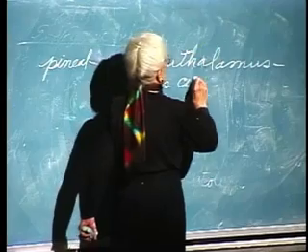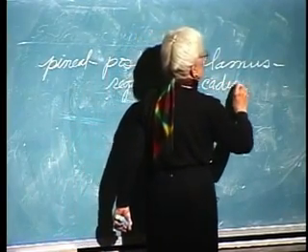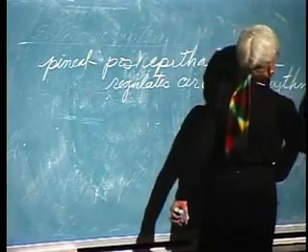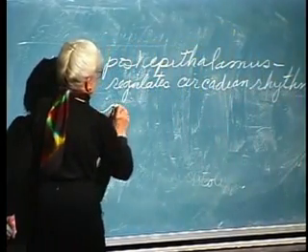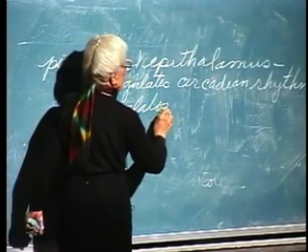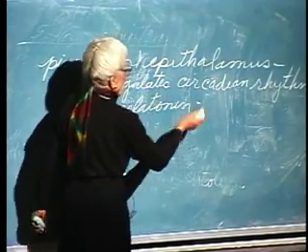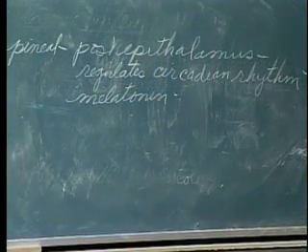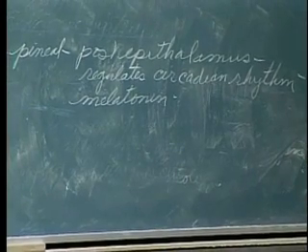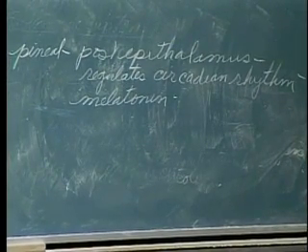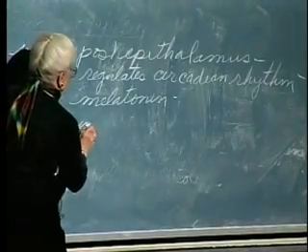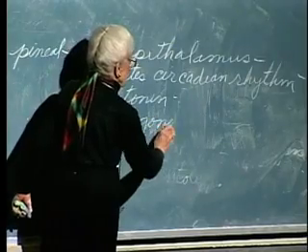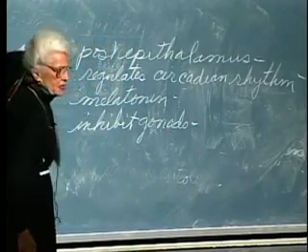Regulates circadian rhythm. Produces melatonin. Many people were taking melatonin to reduce jet lag until we started letting them know what else melatonin can do. It can inhibit the gonads in their development.